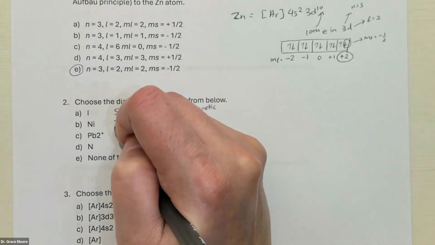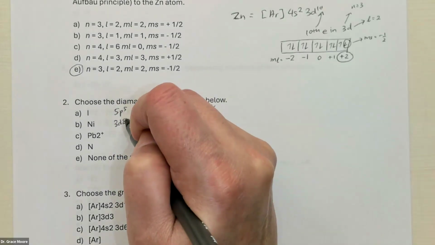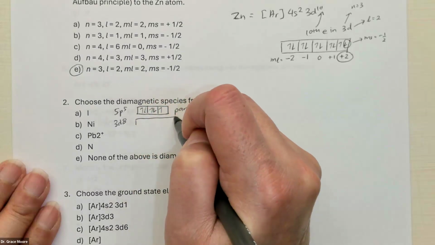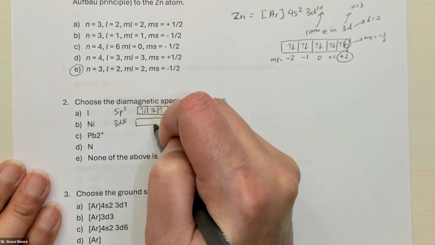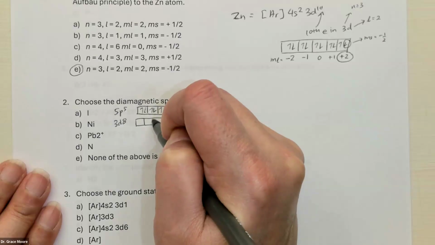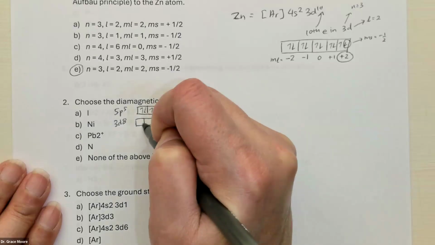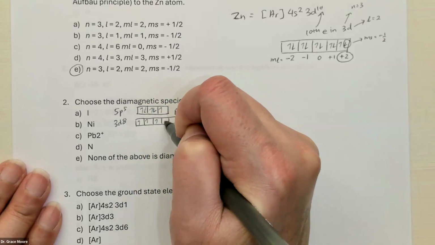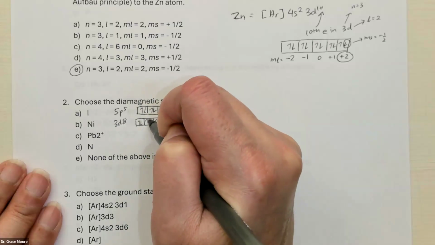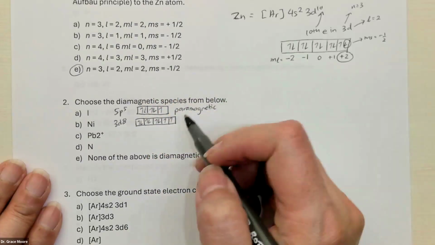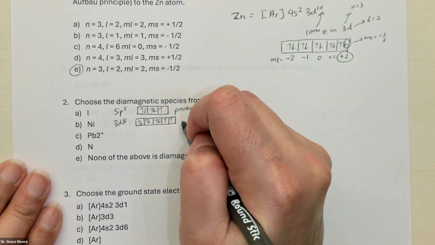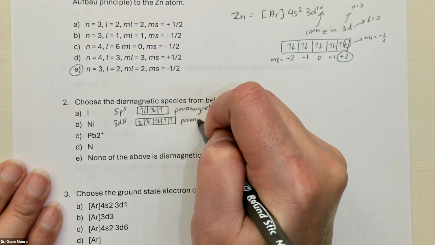When we draw 3d out, although 8 looks like an even number, we'll see that it's still unpaired. You still have 2 unpaired, so nickel is also paramagnetic.